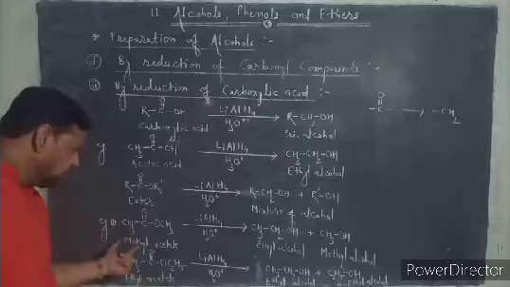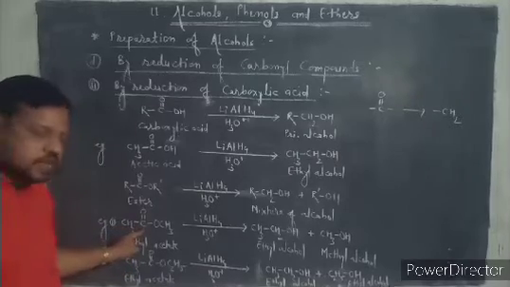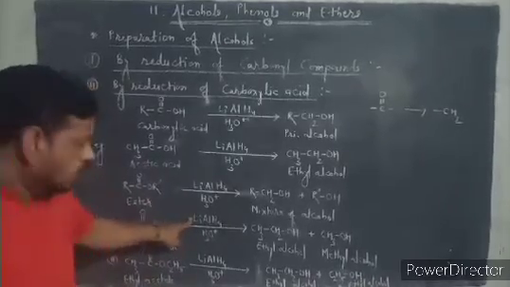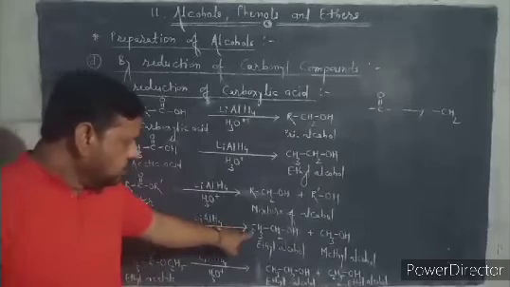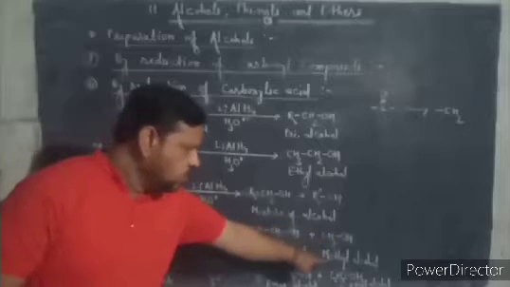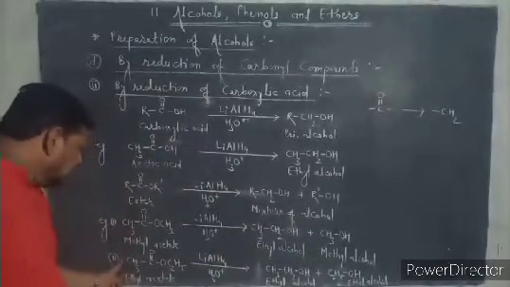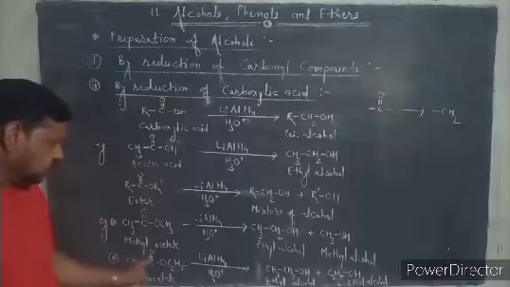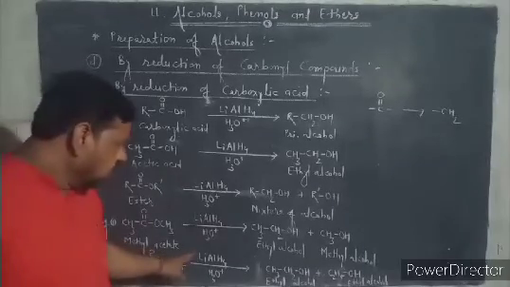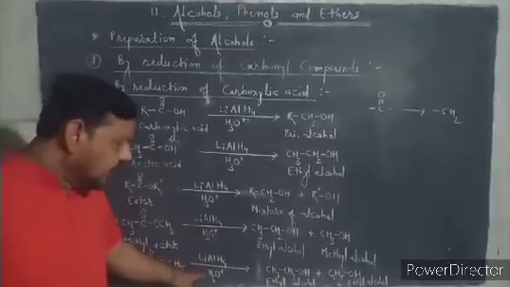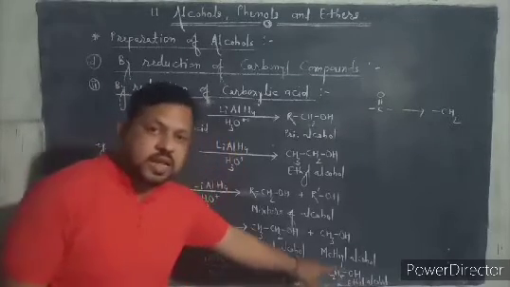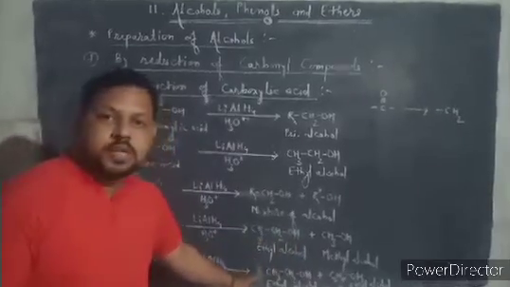See here the example, methyl acetate, CH3C double bond OCH3, on reduction with lithium aluminium hydride and hydronium ion gives ethyl alcohol CH3CH2OH, and another is CH3OH, that is methyl alcohol. Next example, CH3C double bond OOC2H5, that is ethyl acetate. This ethyl acetate on reduction with lithium aluminium hydride and hydronium ion gives ethyl alcohol, and another also ethyl alcohol. It gives two molecules of ethyl alcohol.